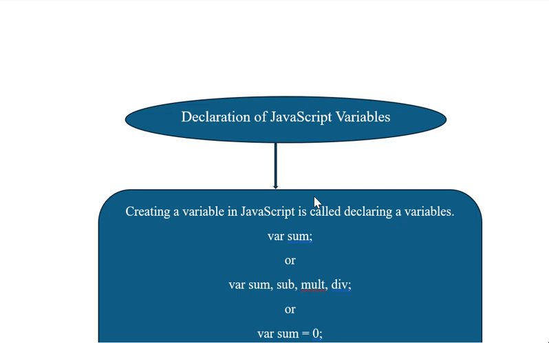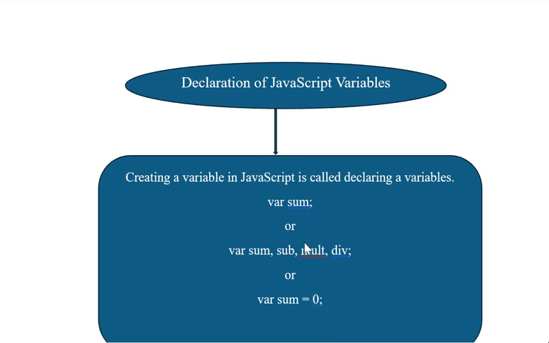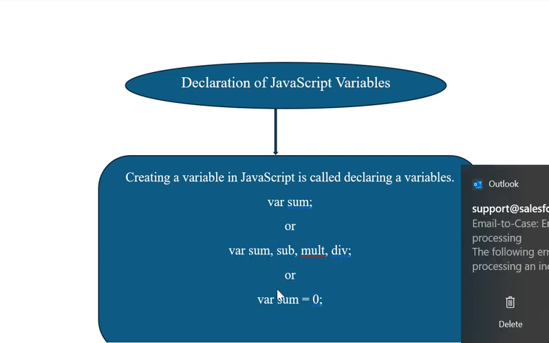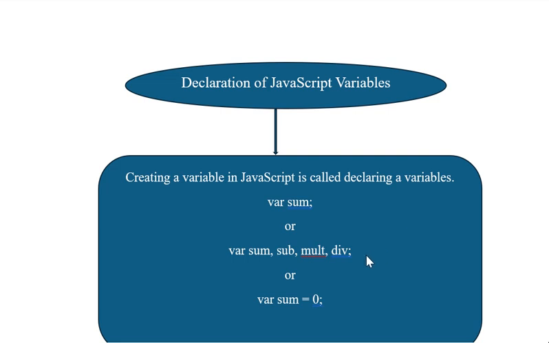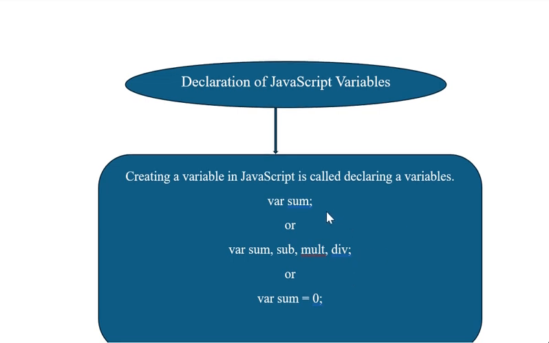Then how do we declare the variables and use the keyword? We have to use it like this: var sum, var sub, var multi, like this, and var sum is equal to this.